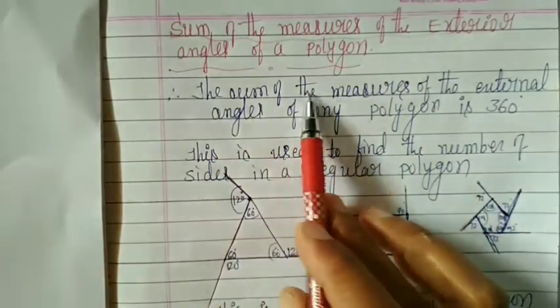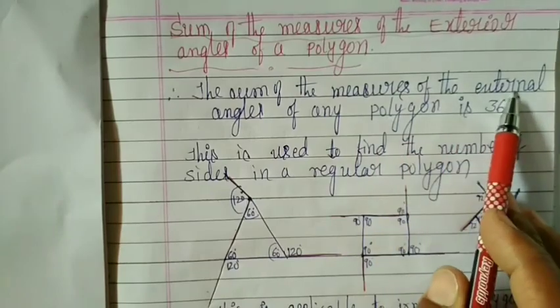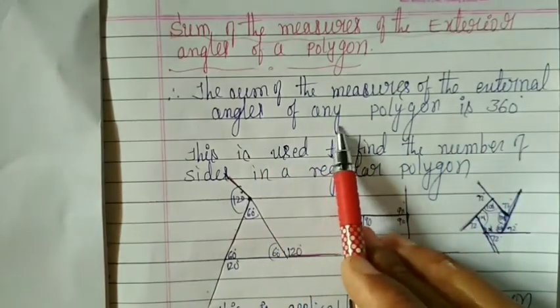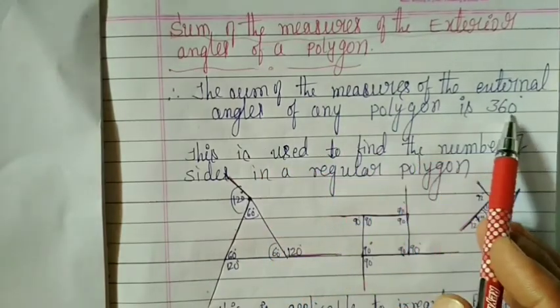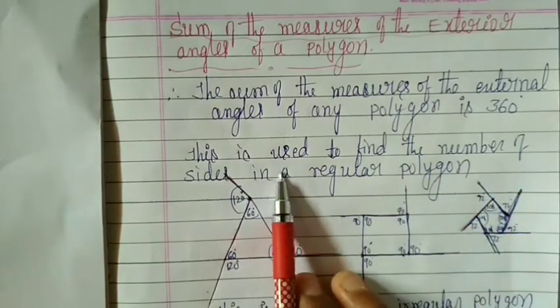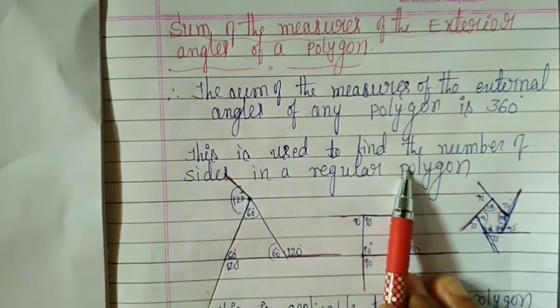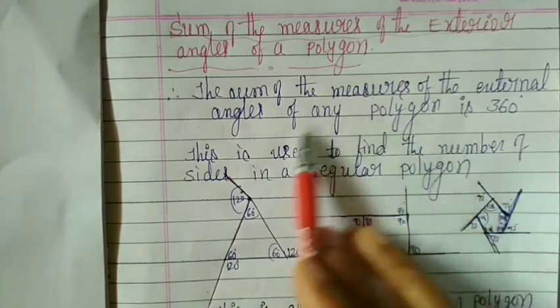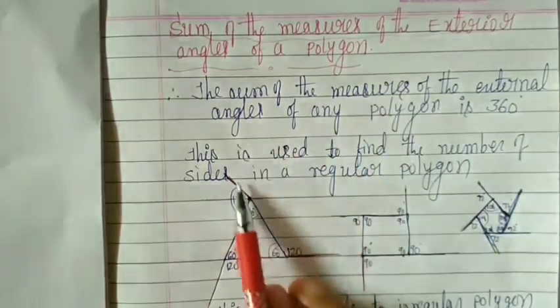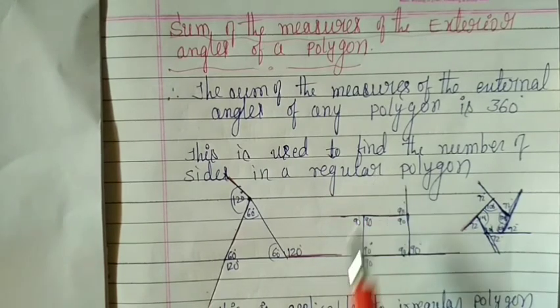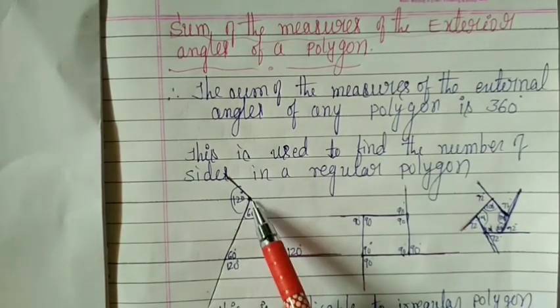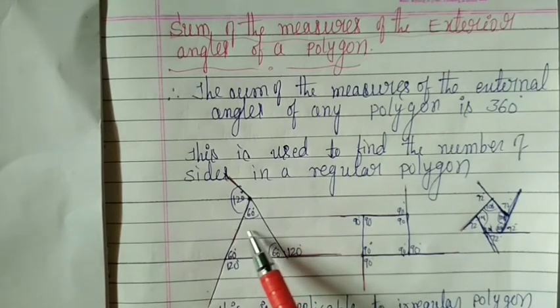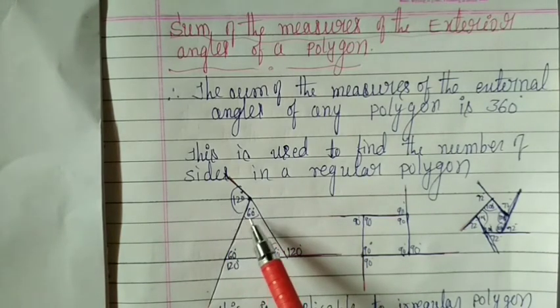This is used to find the number of sides in a regular polygon. Here is the picture. The sum of measures of the external angles of the polygon is 360 degree.